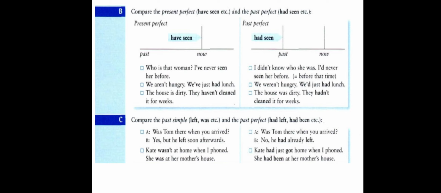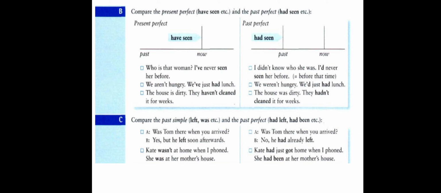And when I phoned, past simple. Both actions came together at the same time. She was at her mother's house. At the same time, she was at her mother's house. This other action is at the same time as well, so it is written in the past simple.